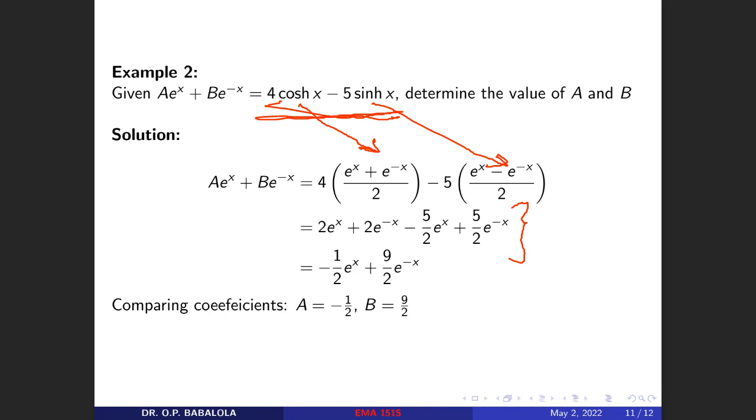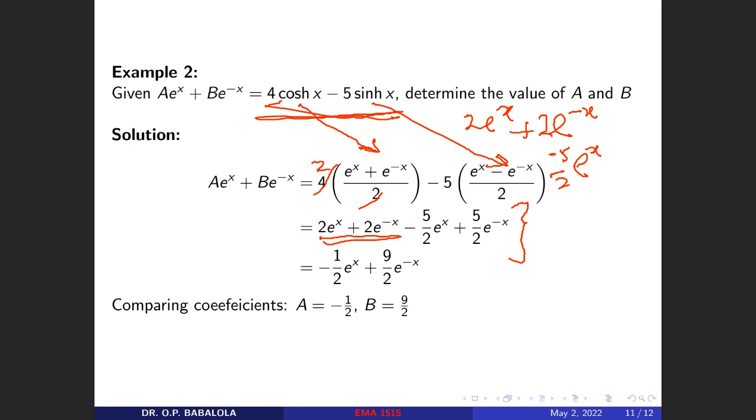That will be 2 exponential x plus exponential minus x over 2. However, I come about 2, this divides, this is 2. And here, that's this part. I think it's fine now. Then this part is, you can have 5 over 2, that's minus 5 over 2, right?